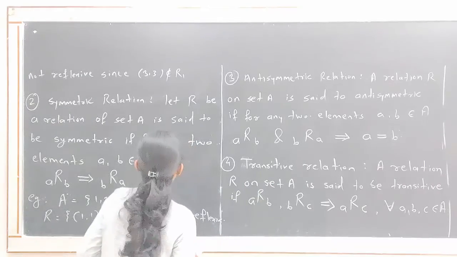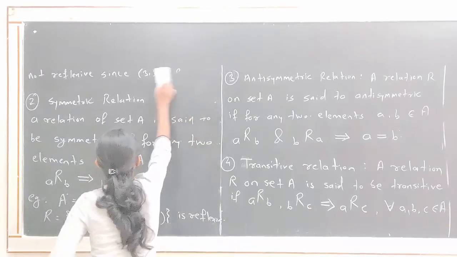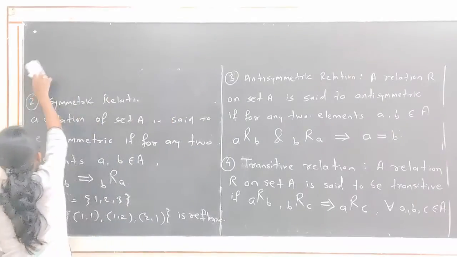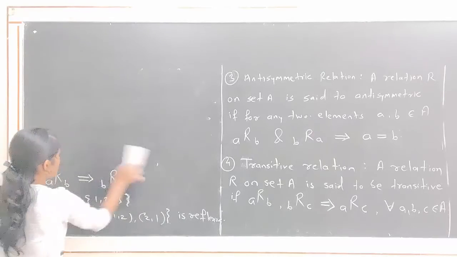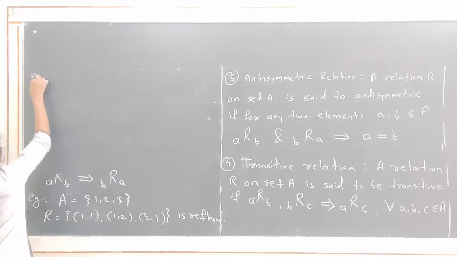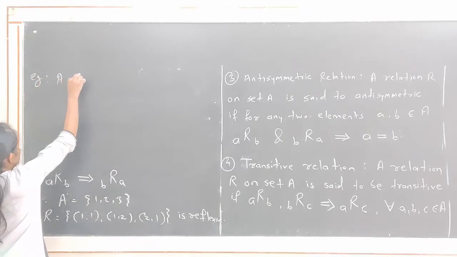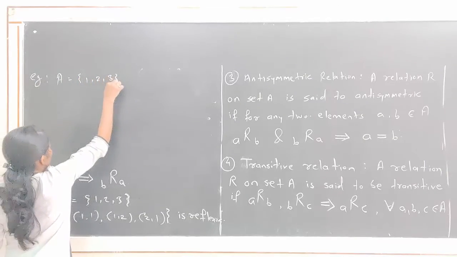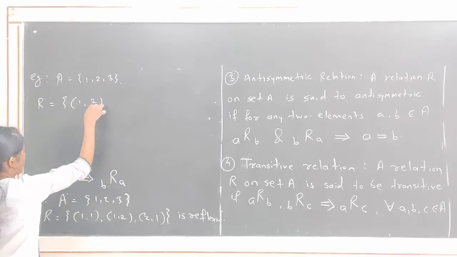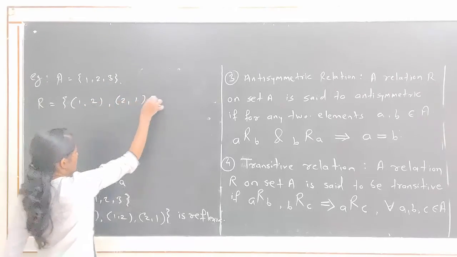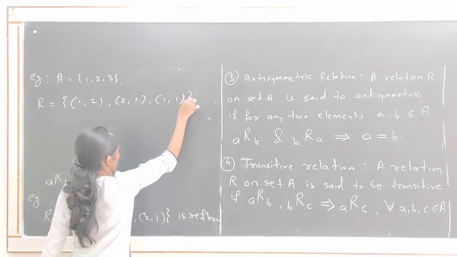So we see the example of a transitive relation. We consider the same set, set A = {1, 2, 3}. Here we consider the relation R = {(1, 2), (2, 1), (1, 1)}.